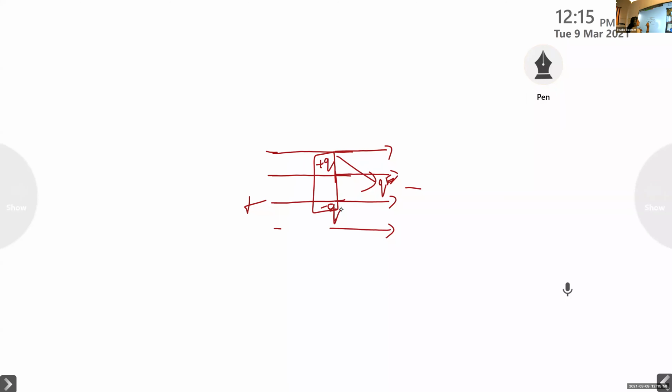Similarly, the minus Q is also attracted towards the positive charge in this way, and we represent this force as minus QE. Then the net force becomes QE minus QE, that is equal to 0. That is in the case of a uniform electric field.